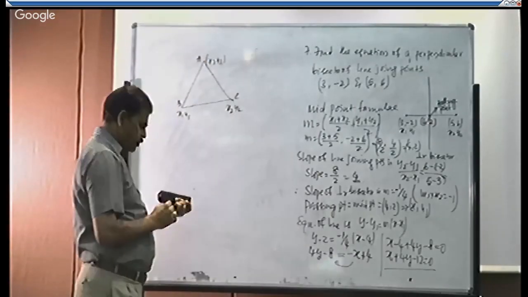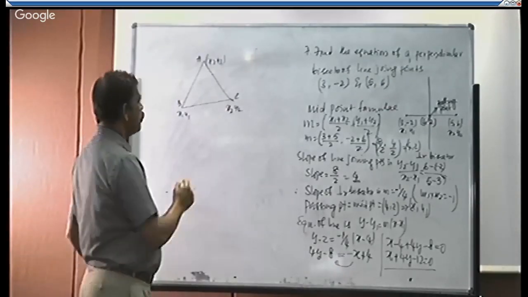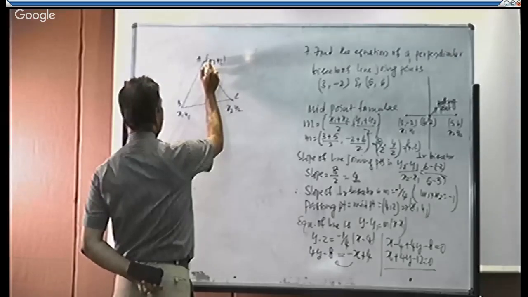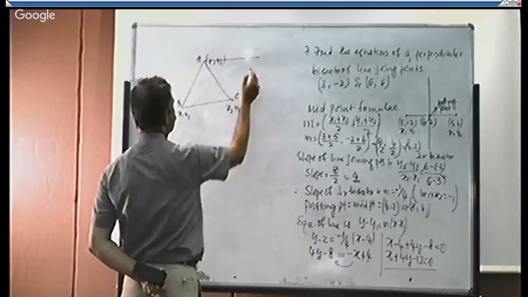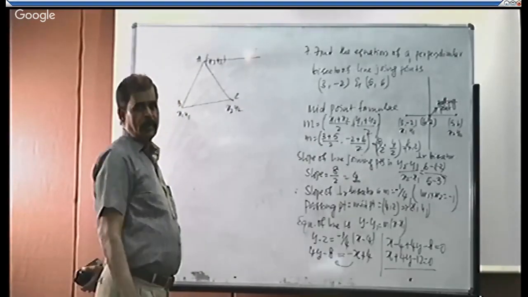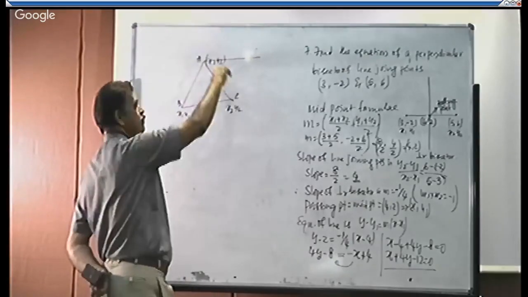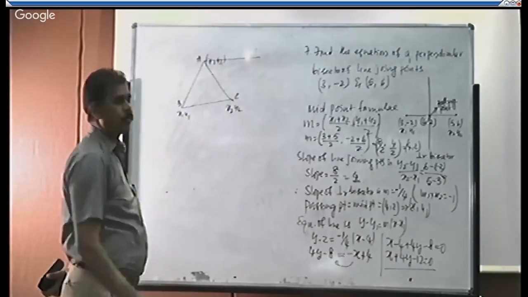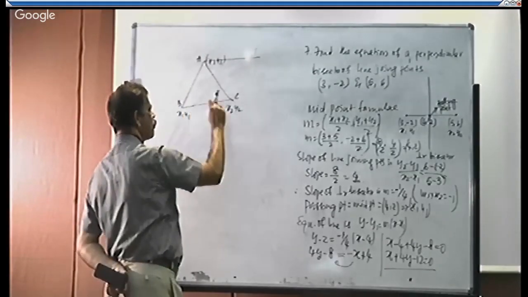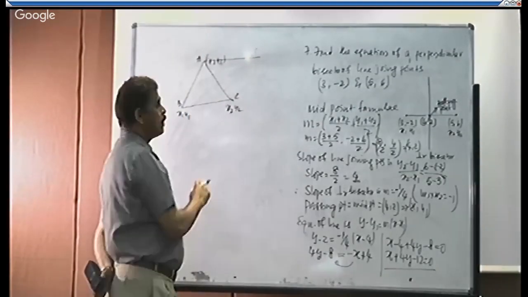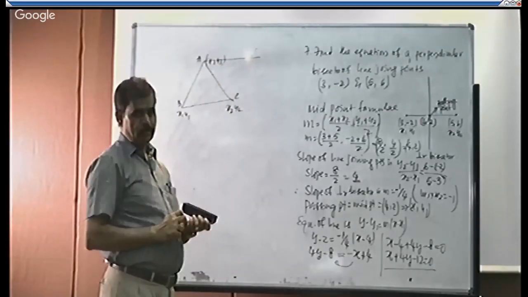They will ask you a question like this: find the equation of a line which is passing through A and parallel to BC or perpendicular to BC, like that. Here they will give the coordinates of A, B, C, and mention parallel to, perpendicular to, passing through.